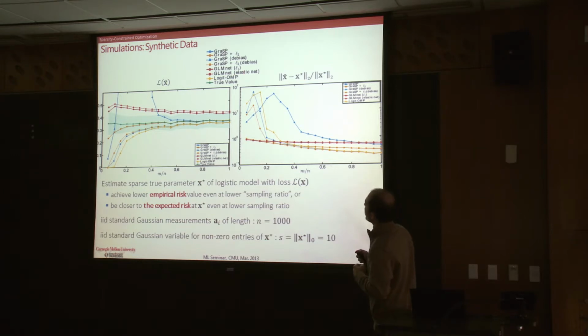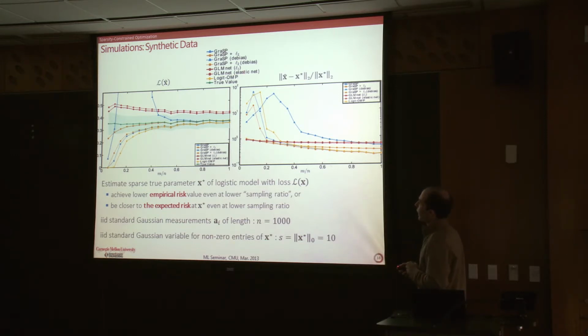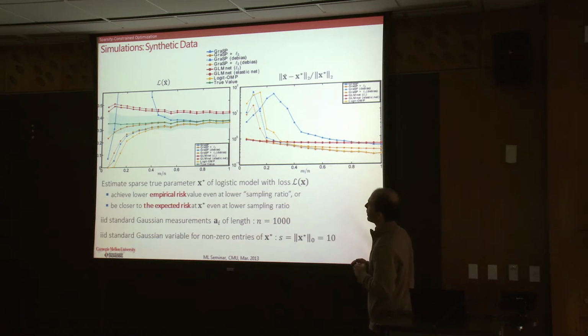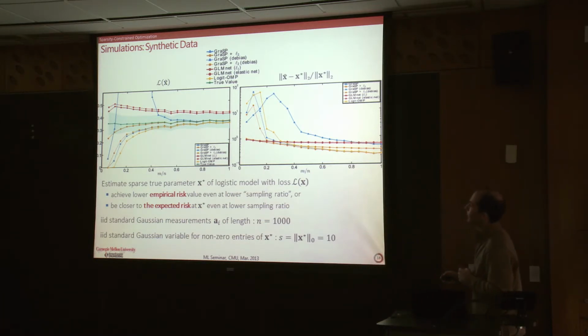The interesting thing is that when you use the L2 regularization or the debiasing, the behavior of GraSP becomes more stable even at lower sampling ratios. So I have to say that we can compare these algorithms in two ways.